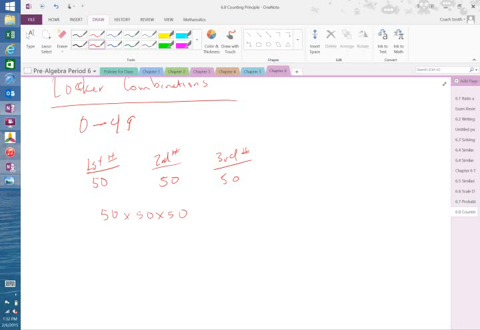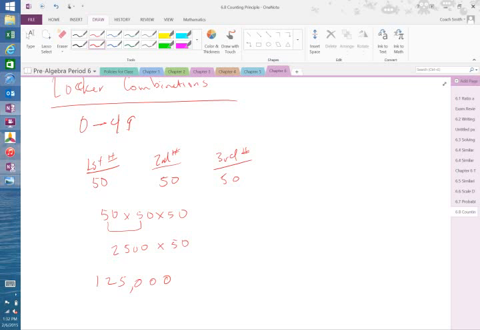That's the counting principle. You have 50 times 50, which is 2,500, times 50. So I just bring down the 0, 0, 0, 5. So 125,000 possible combinations on your locker.